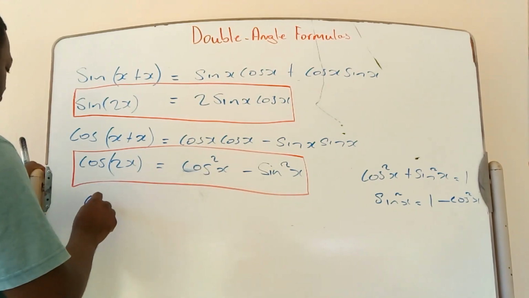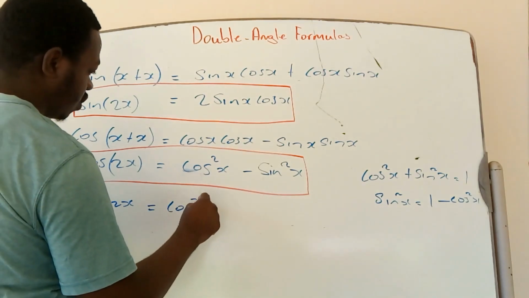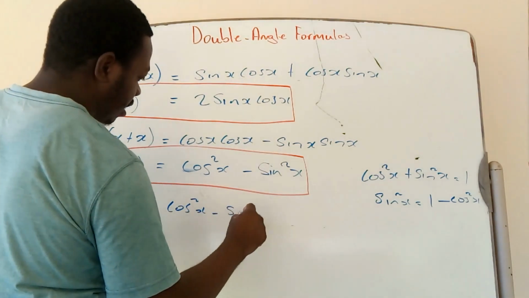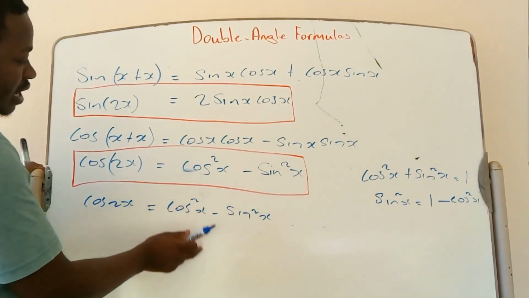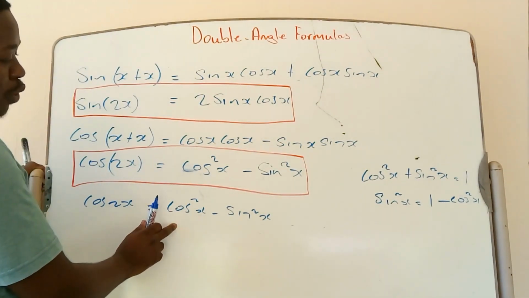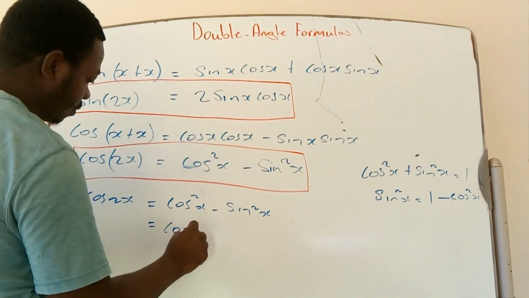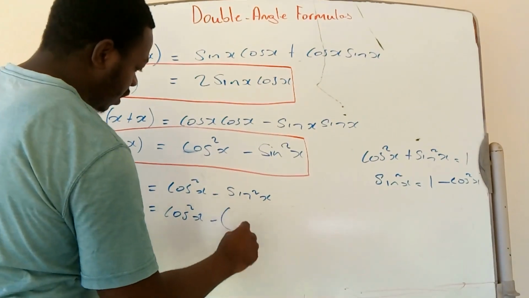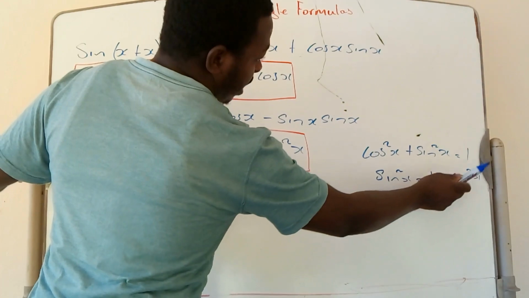So let's just write back this identity here. So we know that cos 2x is actually equal to cos squared of x minus sine squared of x. But we only want this side to be in terms of cos only. So this is equal to cos squared of x minus, what is sine squared of x? Sine squared of x is just 1 minus cos squared of x.